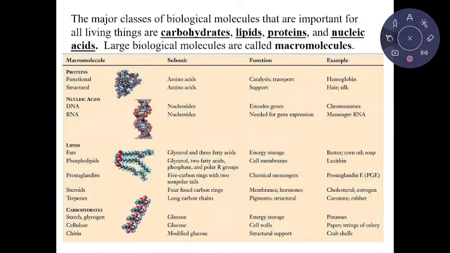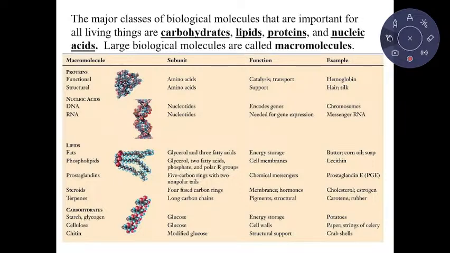Carbohydrates like starch, glycogen, cellulose, chitin. Starch and glycogen have glucose as their subunit, and their function is energy storage. Examples are potatoes. Cellulose also has glucose as its subunit, and its function is cell walls.